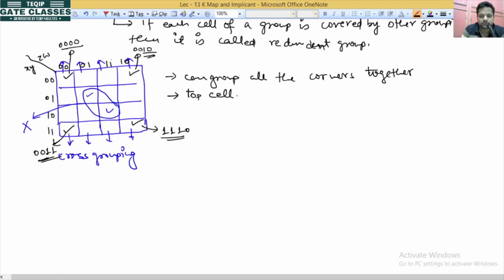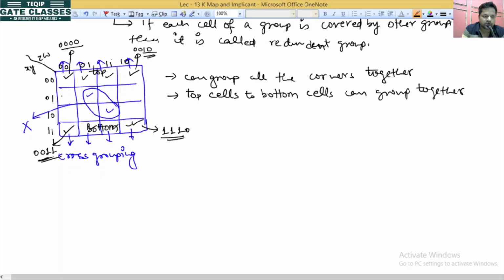Top cells to bottom cells can be grouped together. Top means these four are top. This can be grouped with this one. This is our top cell, this is our bottom cell, you can group together.